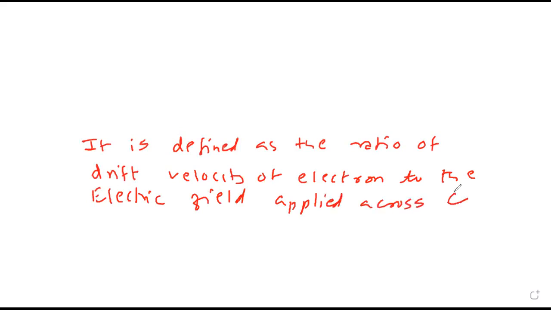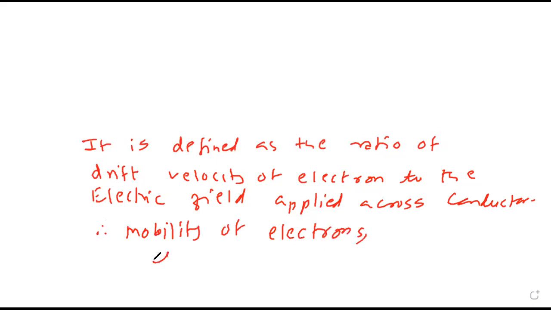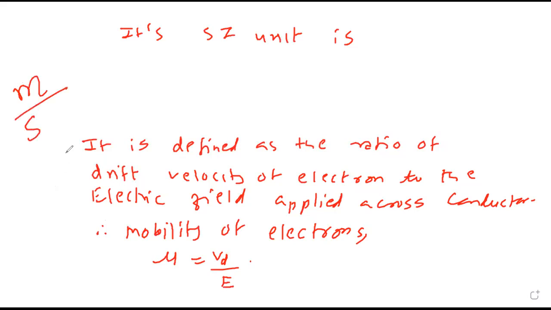So therefore I can say mobility of electrons denoted by mu is Vd upon E. Its SI unit is, see, velocity is meter per second.